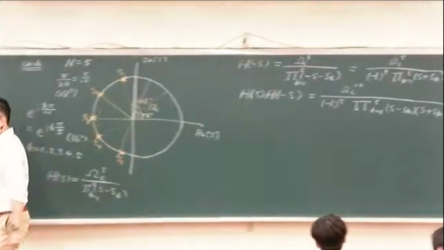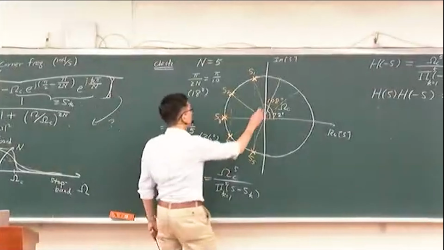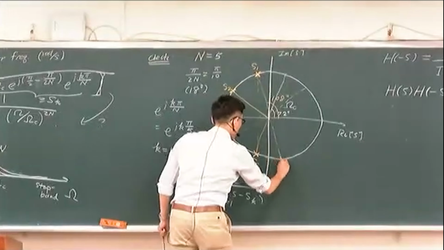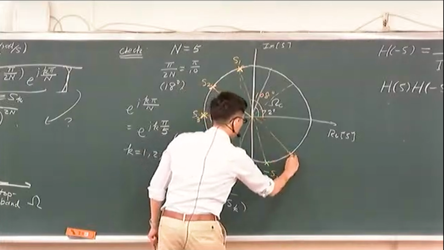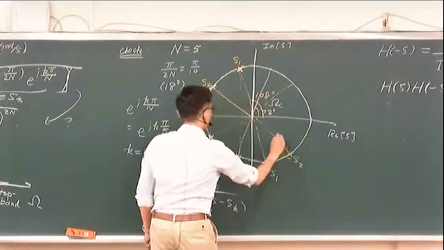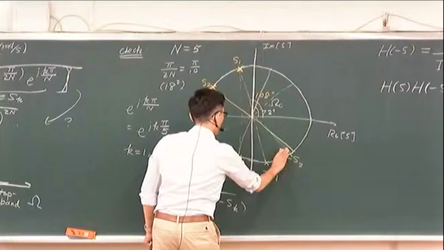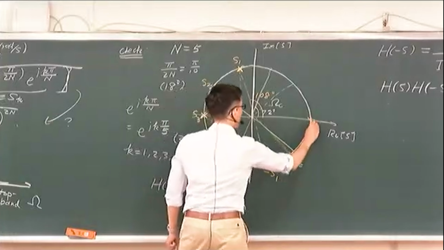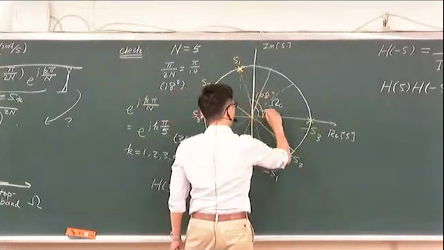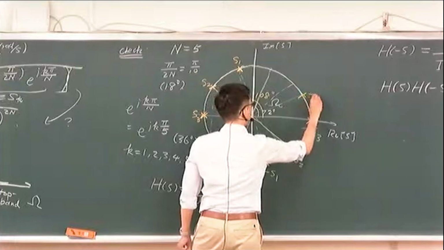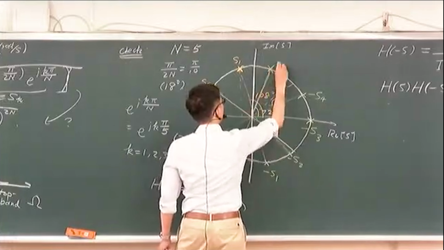So we're saying that now this expression has minus S1, minus S2, minus S3, minus S4, and minus S5 right here.